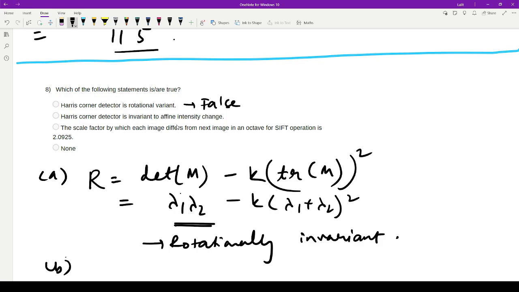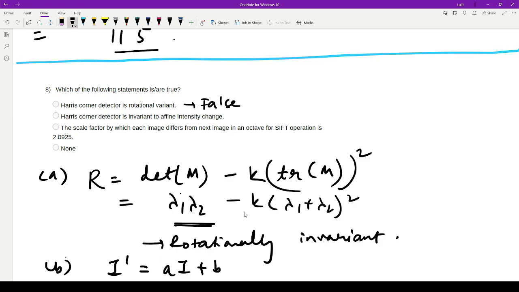What about the next one? Harris corner detector is invariant to affine intensity change. Is it right or wrong? What do you mean by affine intensity change? I prime is A times I plus B. This is an affine intensity change.